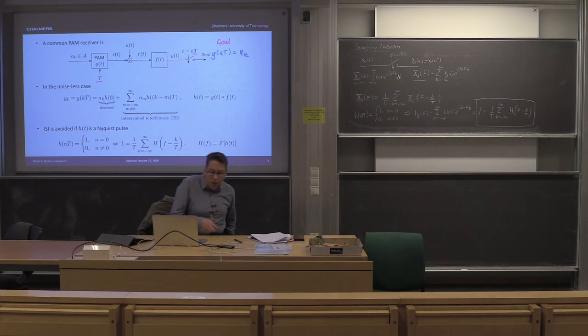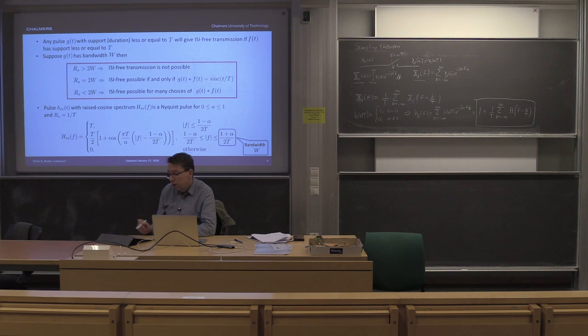Okay, so regardless, from this expression in the frequency domain, we can draw some important conclusions. If G has a bandwidth of W, that is, the transmit pulse is band limited, then we can say something about when it's possible to transmit without intersymbol interference.